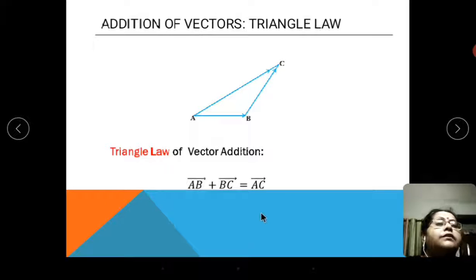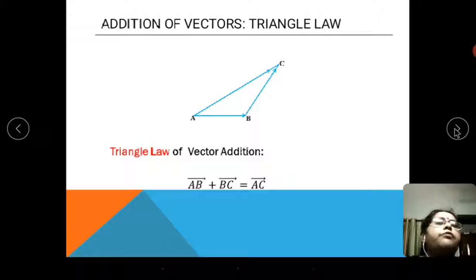That means that result is true when we are considering only the lengths, that means the scalars. But when we are thinking in the perspective of vectors, we have the result like this, that sum of the two sides is equal to the third side.